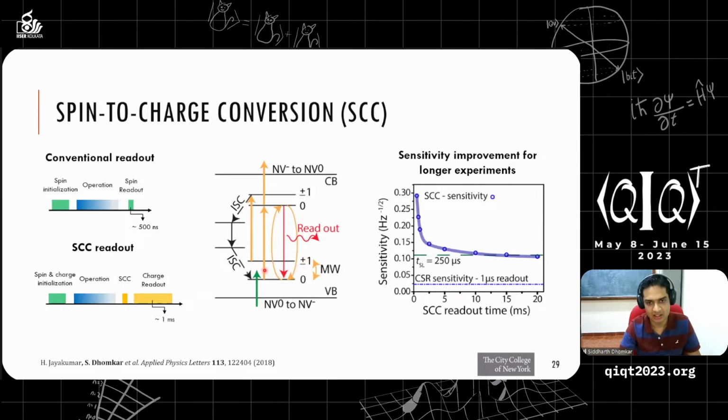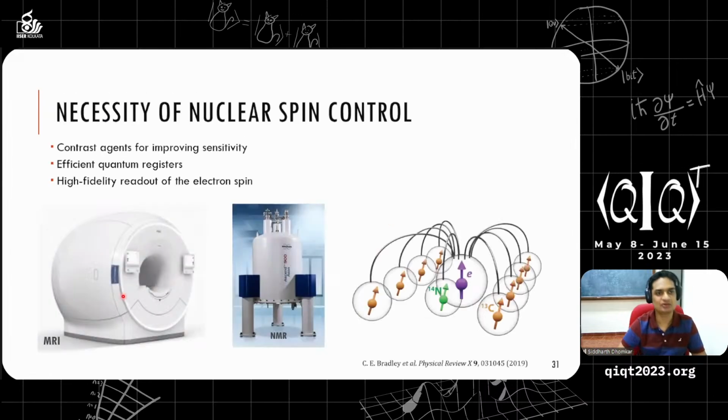And then I can actually deal with a 2-level system. I can manipulate that system, but first of all, I also need to deal with charge initialization and spin initialization, which can be done using green waves. Then I can do lots of operations, and then I can read out either using a conventional readout or spin to charge readout. Now the nuclear spins are actually very useful.